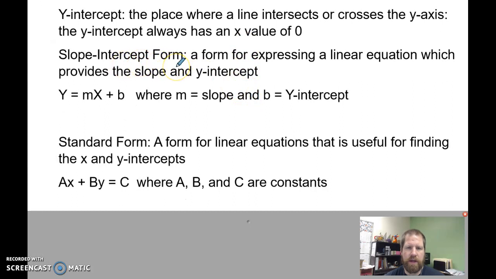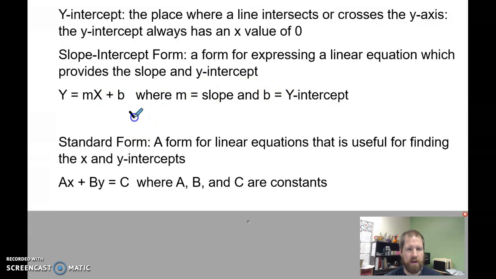Slope-intercept form is a way of expressing a linear equation that gives us some additional information. It gives us the slope and the intercept, which is why it's named slope-intercept form. The form is y equals mx plus b, where m is the slope and b is the y-intercept.